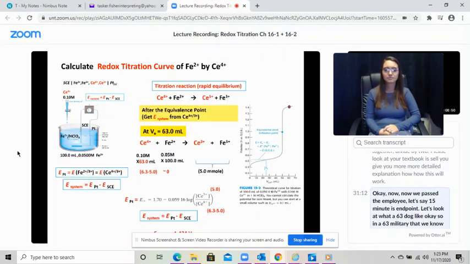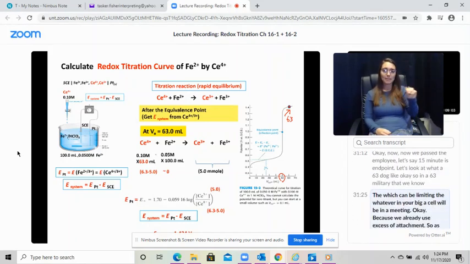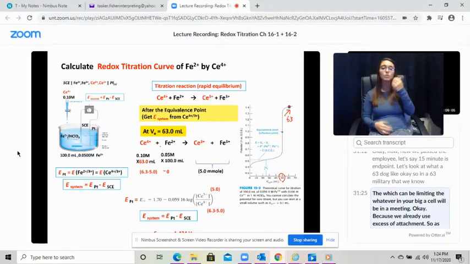Okay, now we pass the endpoint. Let's say the endpoint is 50 milliliters. Let's look at what 63 looks like. Okay, so at 63 milliliters, we know which is going to be limiting. Whatever is in your beaker itself will be limiting, because we already used an excess of titrant.